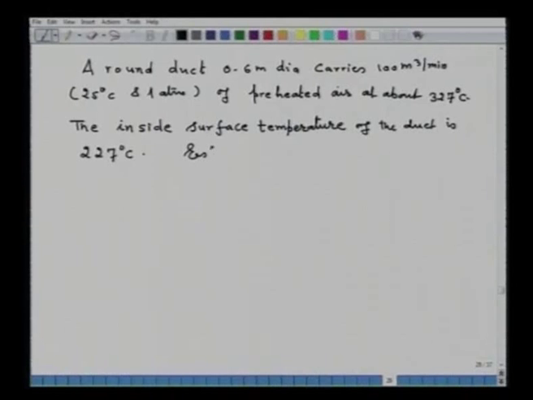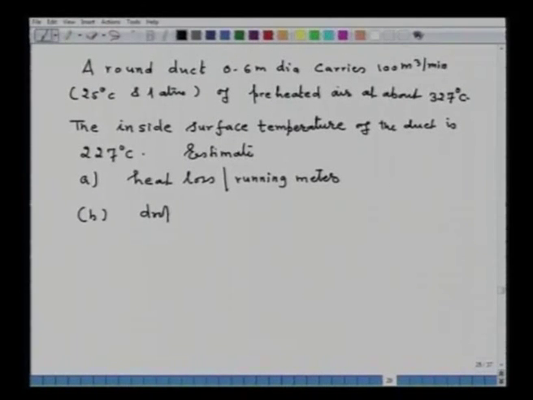Now, estimate A, heat loss per running meter, and B, drop in temperature of air per 30 running meter. So, this is typical.